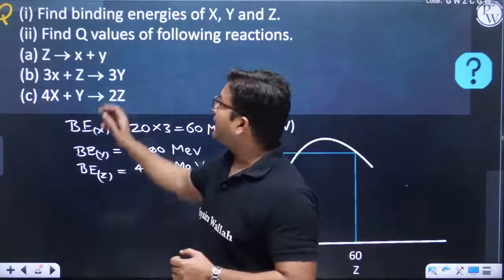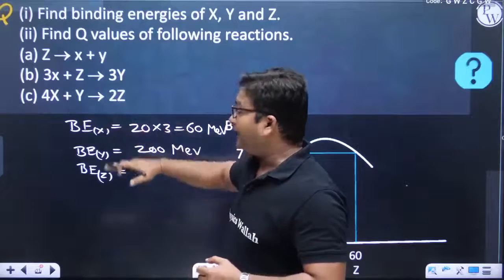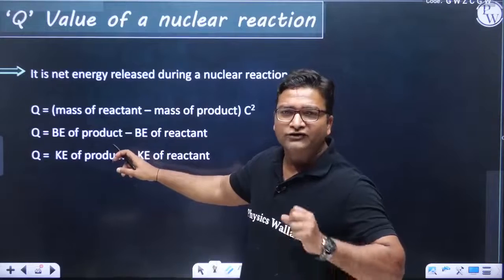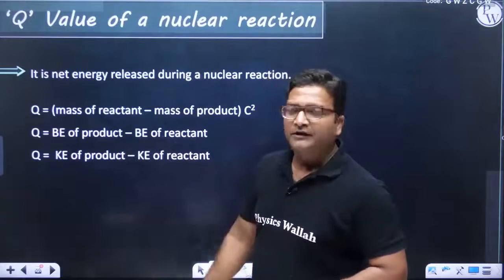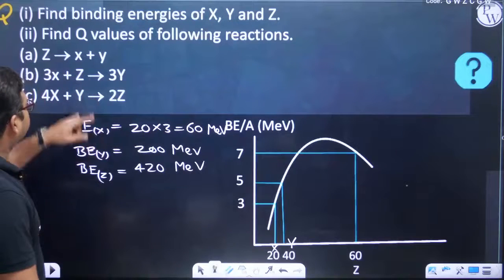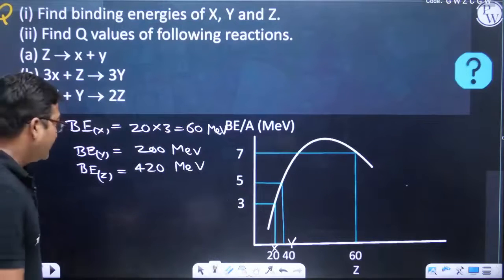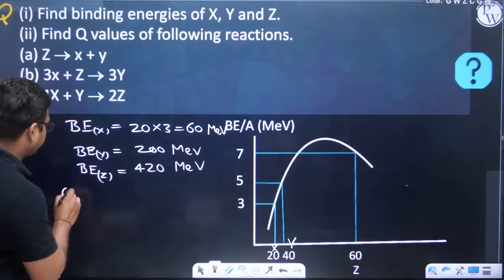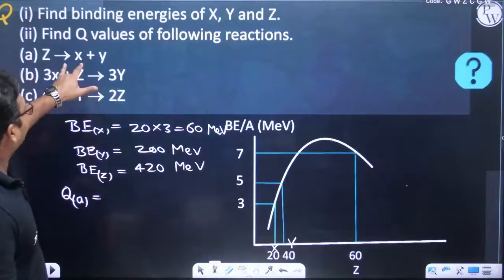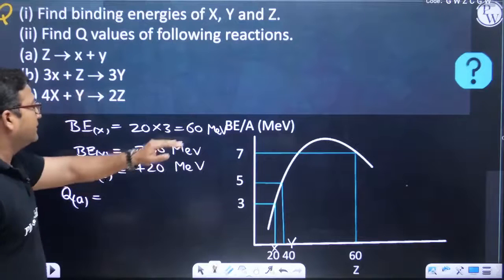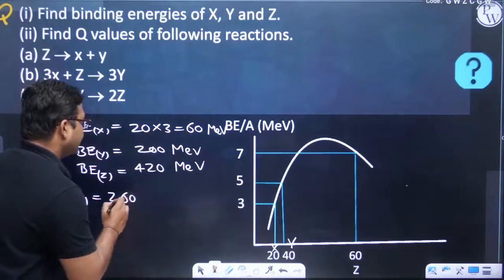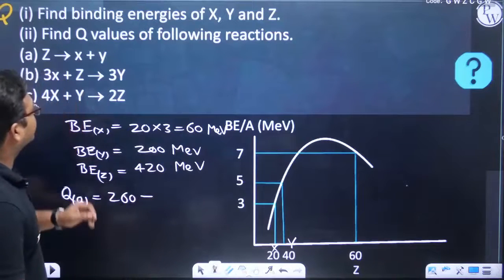So let us take the Q value. As we know the binding energy, we will apply the second formula, binding energy of product minus binding energy of reactant. Okay. So what is binding energy of product? If we see, X and Y are products, so Q value for the first part is going to be the binding energy of X plus binding energy of Y, that is 60 plus 200, that is 260, minus binding energy of reactant.